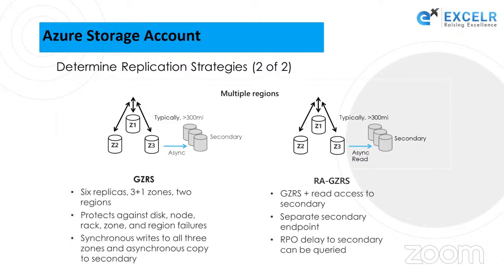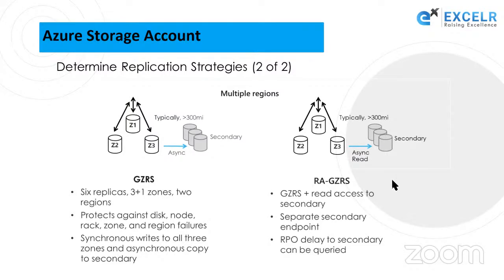It is going to write synchronously to all the 3 AZs within the same region, and then it is going to do an asynchronous copy of your data into the secondary region. So that is GZRS. All the options you are seeing here have some cost associated with them, so be aware whenever you want to do this.